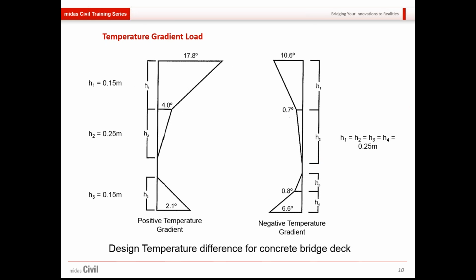So based on IRC 6/2014, this is the temperature gradient values that they have provided. For positive temperature gradient, it is as the figure on the left, and for negative temperature gradients, it is as the figure on the right.